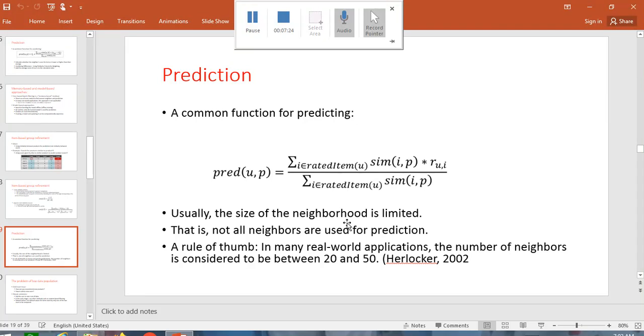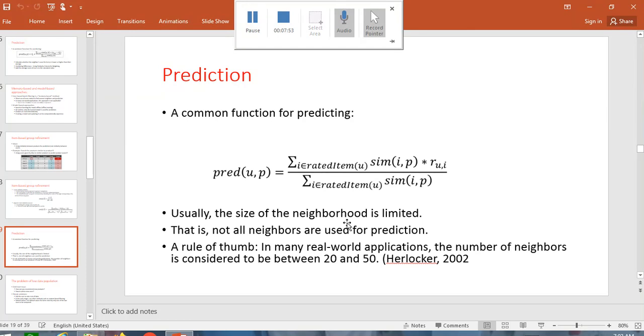There is a problem called a cold start. When a user starts shopping and rating, we have no information about his or her taste. Over time, we learn his or her taste with ratings. The same goes for new products which no one has rated yet, and we don't know about and can't recommend it. This is the cold start issue.